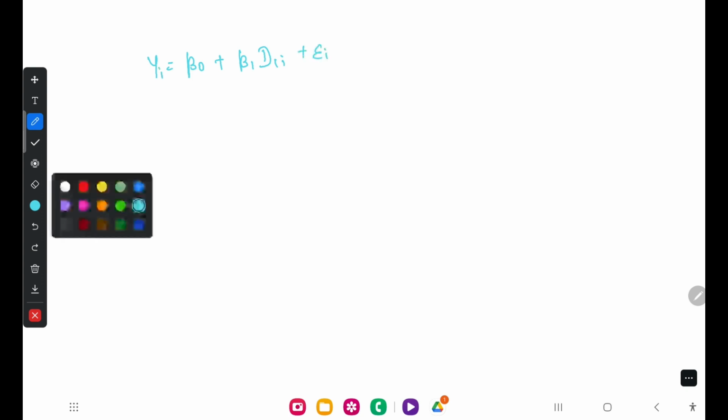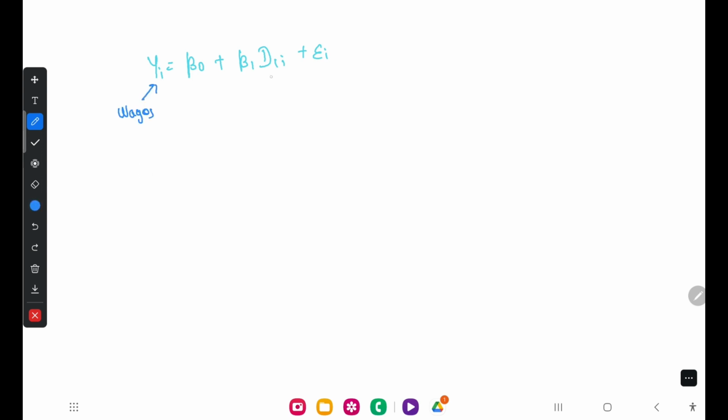So y equals beta naught plus beta 1, and instead of x, I'm going to write d because this is going to be a dummy variable. Over here, y is the wages and d is the gender.